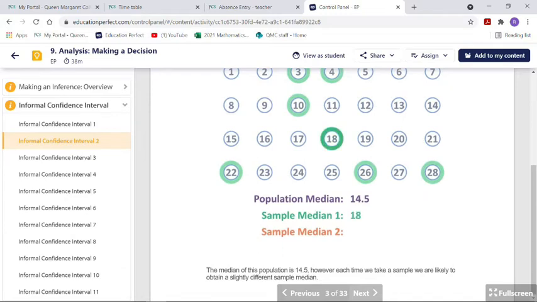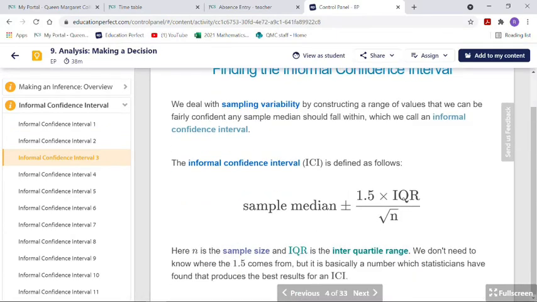Okay? All right. So we're going to use what's called the informal confidence interval to be able to make our decision. And you do not have to worry about this calculation. I don't need to see it anywhere because NZ Grapher will do the math for you. So you don't have to use this formula or make it work, but I just want to talk a little bit about it. You have the sample median plus or minus 1.5 times the IQR.